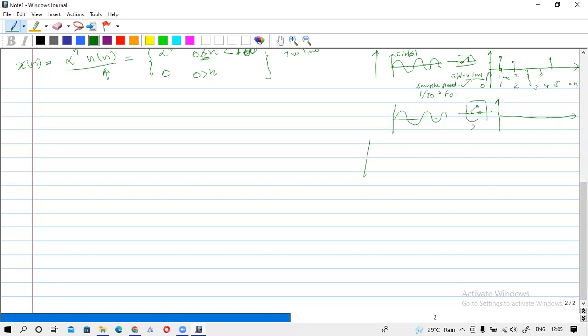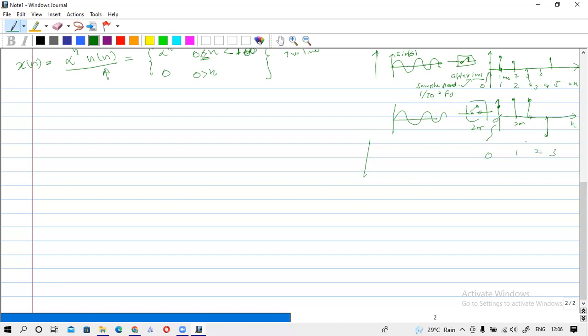So this is 2 milliseconds. I get the first sample here, 0. Then after 2 milliseconds I get another sample, and again after 2 milliseconds another sample. If I denote this using n, here also I have 0, 1, 2, 3.